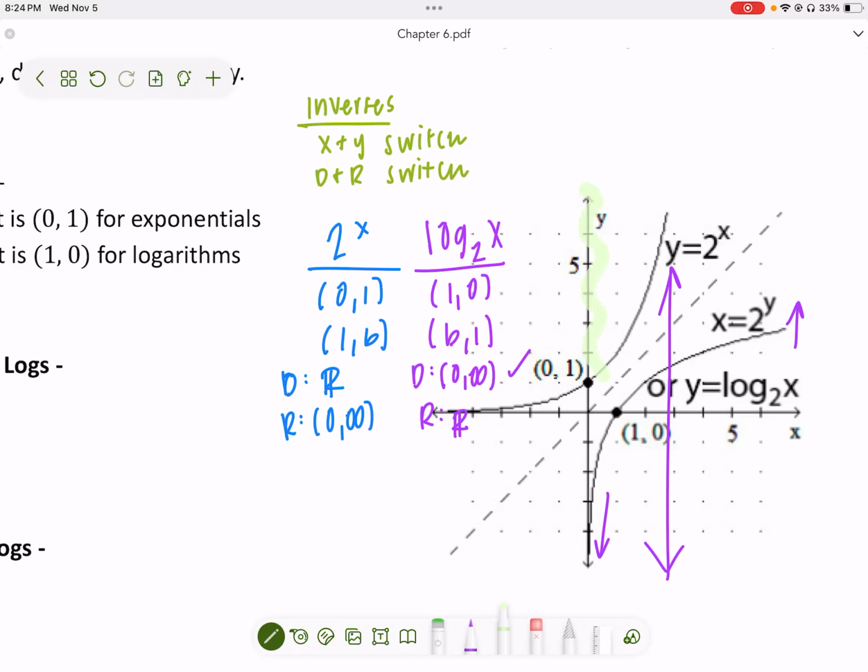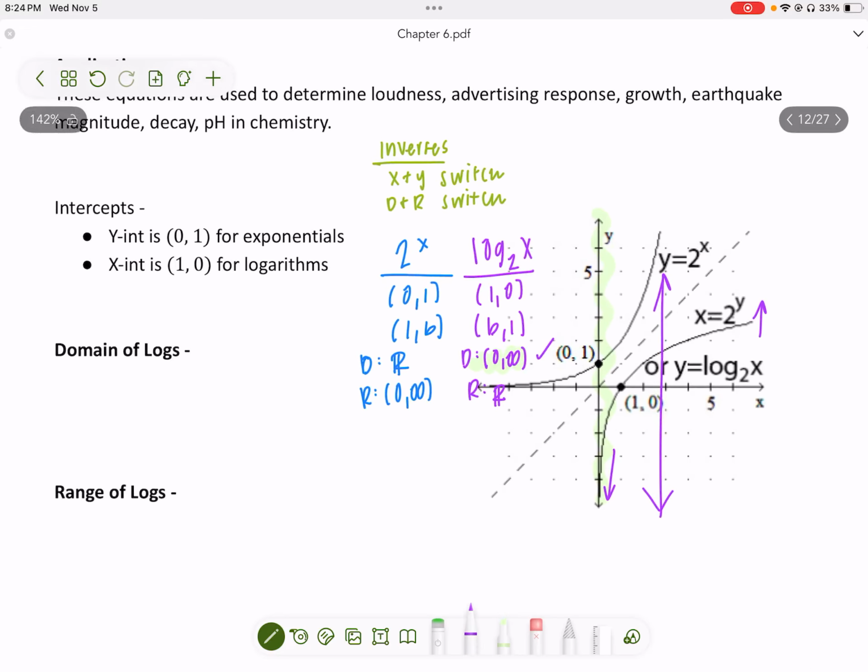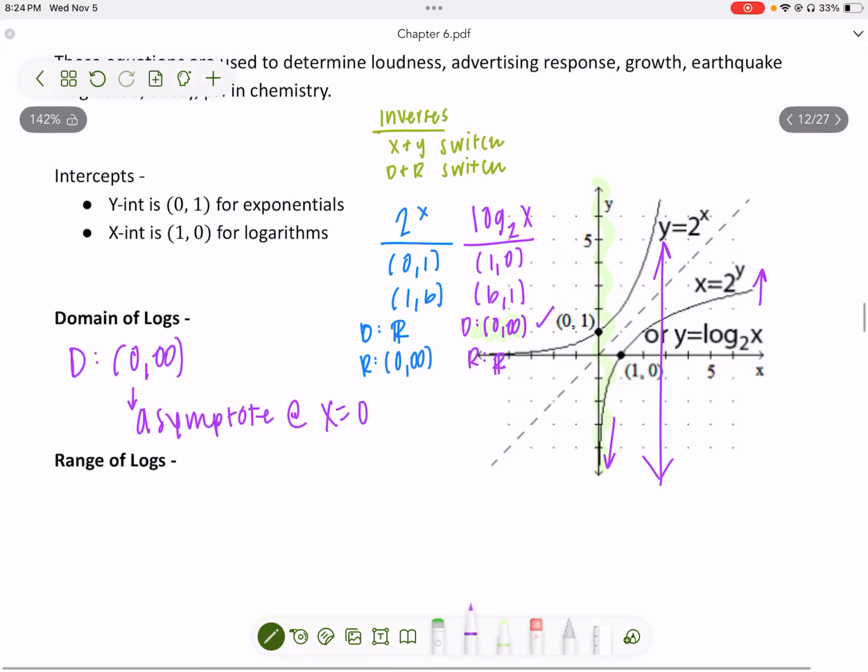However, we do have this asymptote that limits our domain. So write that down here. So your domain is going to be 0 to infinity because the asymptote is at x equals 0.